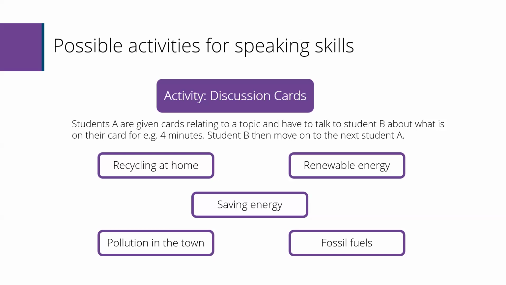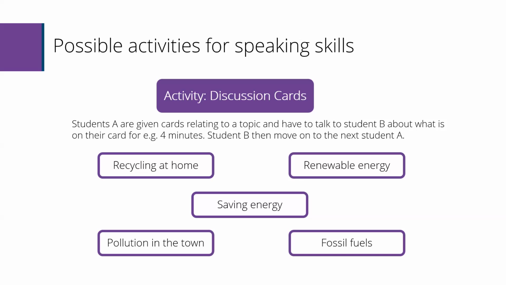Another one then is an activity with discussion cards. So students who are designated A get cards related to a topic, and they have to talk to student B about what's on their card, for example, for 4 minutes. So student B can then move on to the next student A. So they work around, okay?